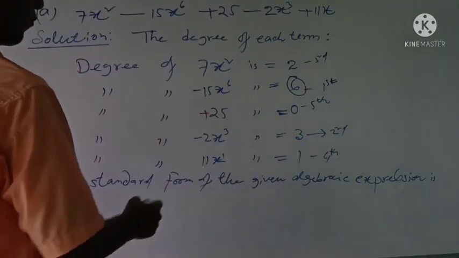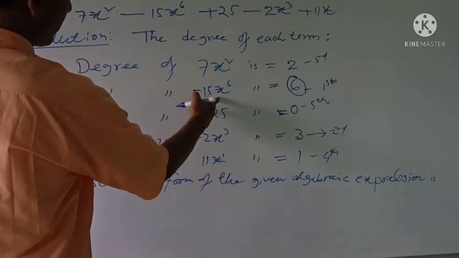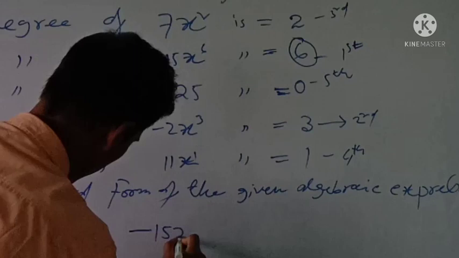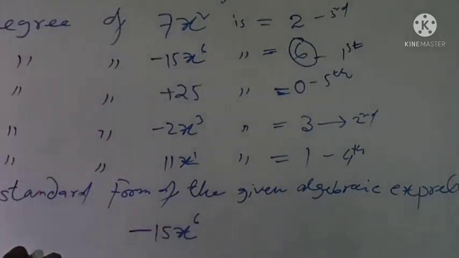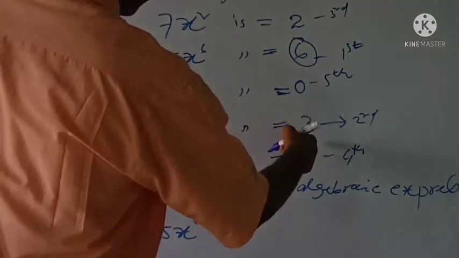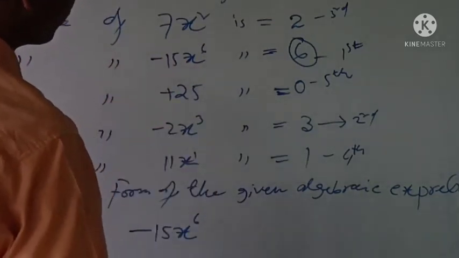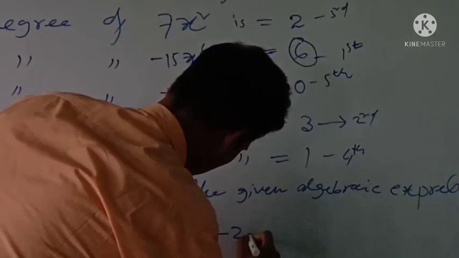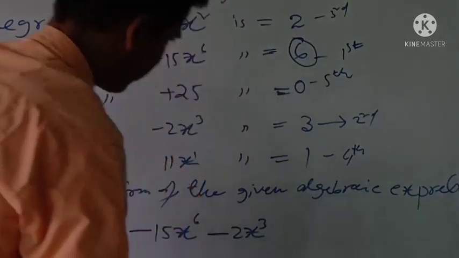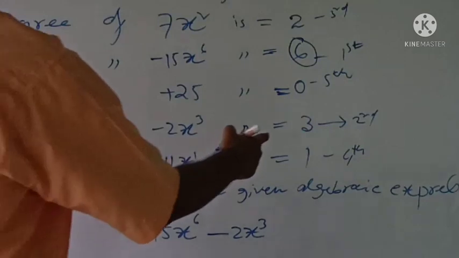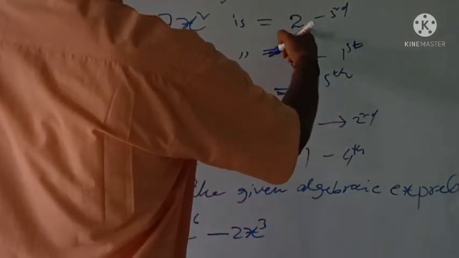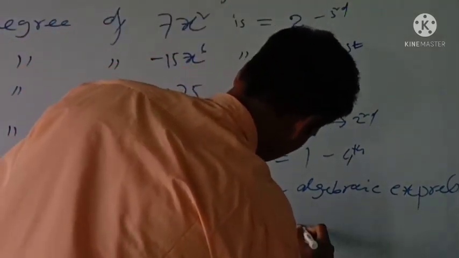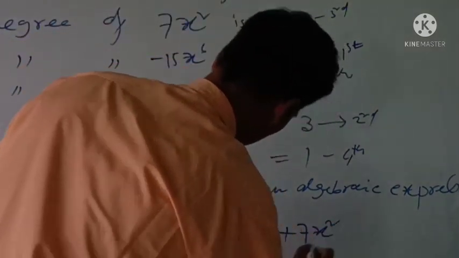So the first term is minus 15x raised to the power 6. Second term is minus twice x cube. Then the third term is plus 7x squared.